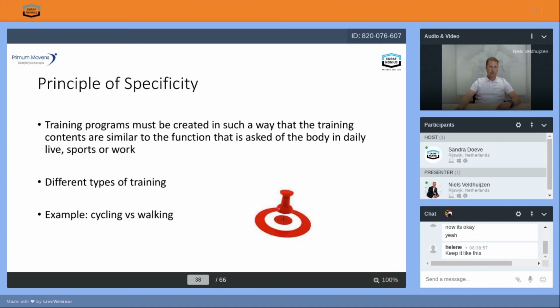Then you have the principle of specificity. That means that the programs must be created in such a way that the contents are similar to the function that is asked of the body in daily life, sports, or work. So you don't give just exercises for the quadriceps, or just exercises to stabilize the back. You make them specific to the situation, what is asked of the patients in daily life or in work.